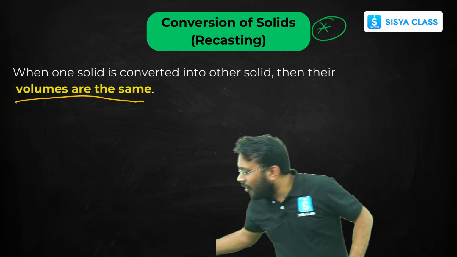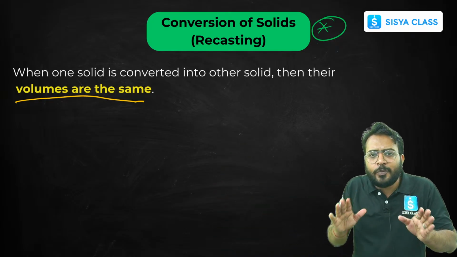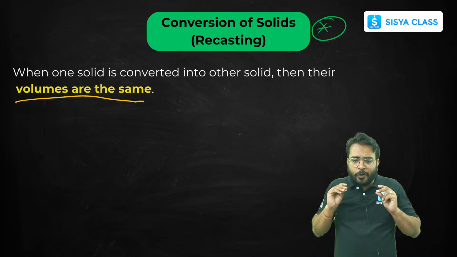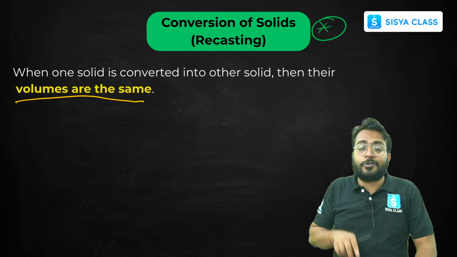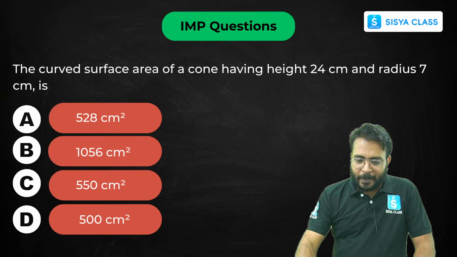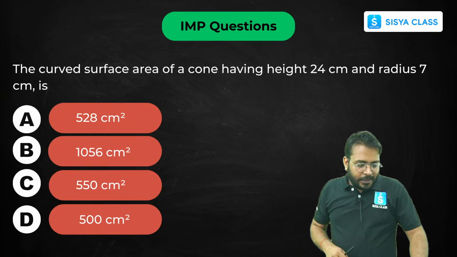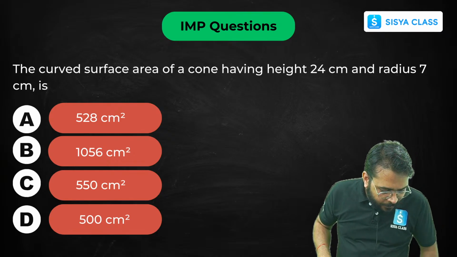In this conversion, the volume is going to remain the same. This is the main concept that you have to remember. In this type of question we have to compare the volumes. Now let us see some questions.